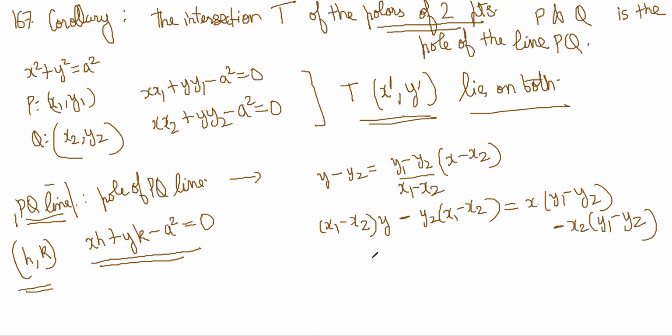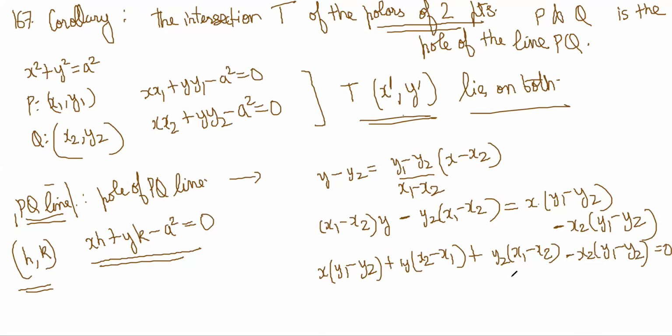Bringing everything to one side, we get x(y1 minus y2) plus y(x2 minus x1) plus y2(x1 minus x2) minus x2(y1 minus y2) equal to 0. The x2 y2 terms cancel, so it is coming as y2 x1 minus x2 y1. This is my equation.